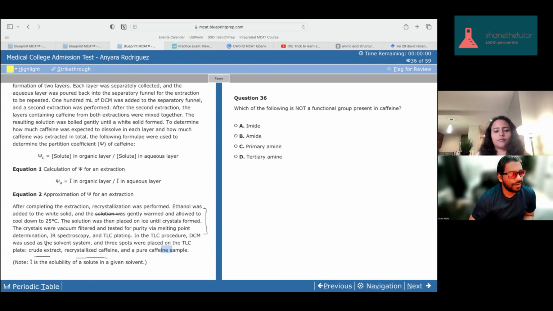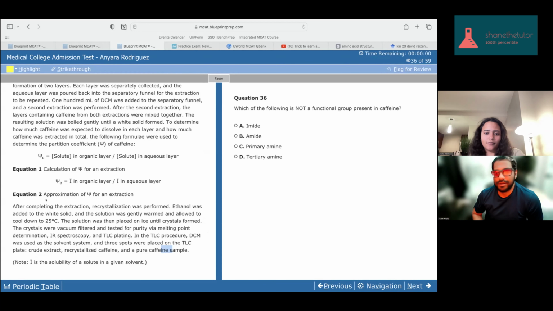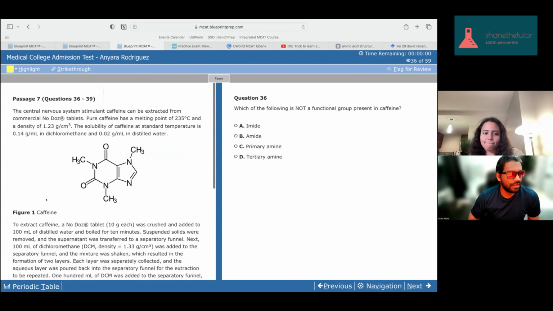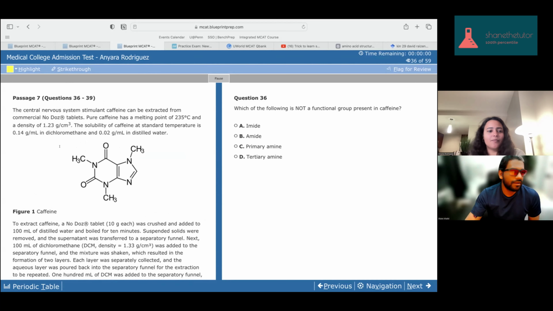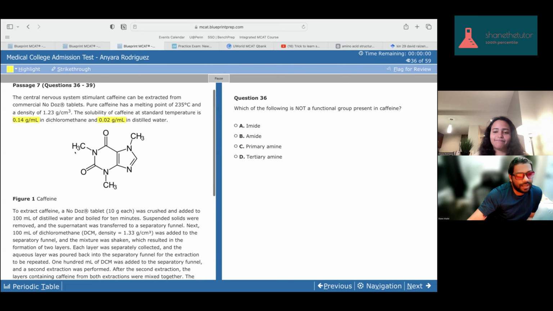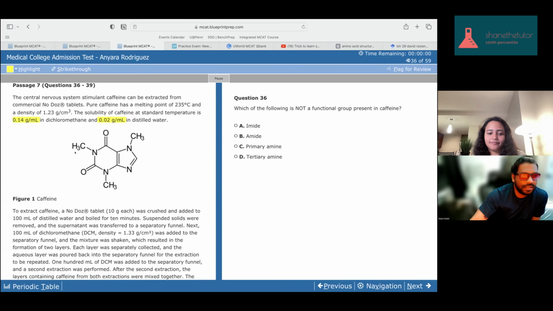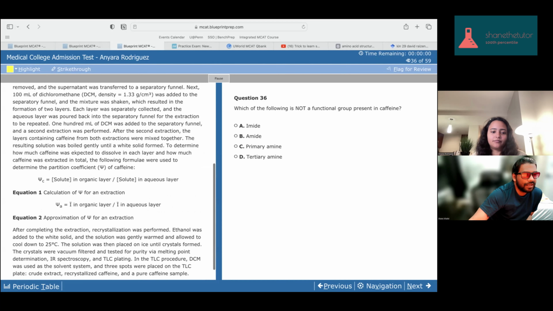So, any questions on this? Nope, but we do have the solubility. Oh, good job noticing that. That's good. So we can make a pretty easy approximation then, right?